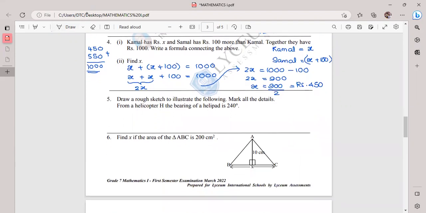Draw a rough sketch to illustrate the following. Mark all the details from a helicopter H. From a helicopter, you want to draw the 240. So you want to have an idea.